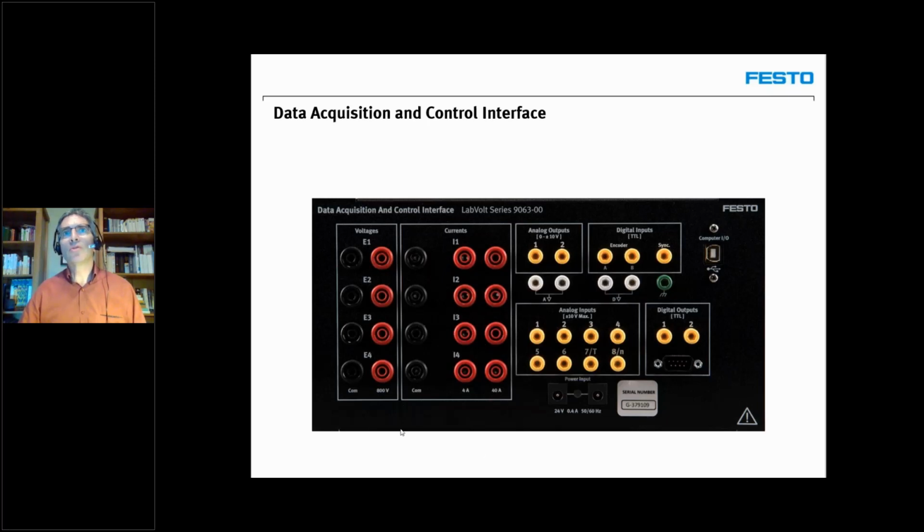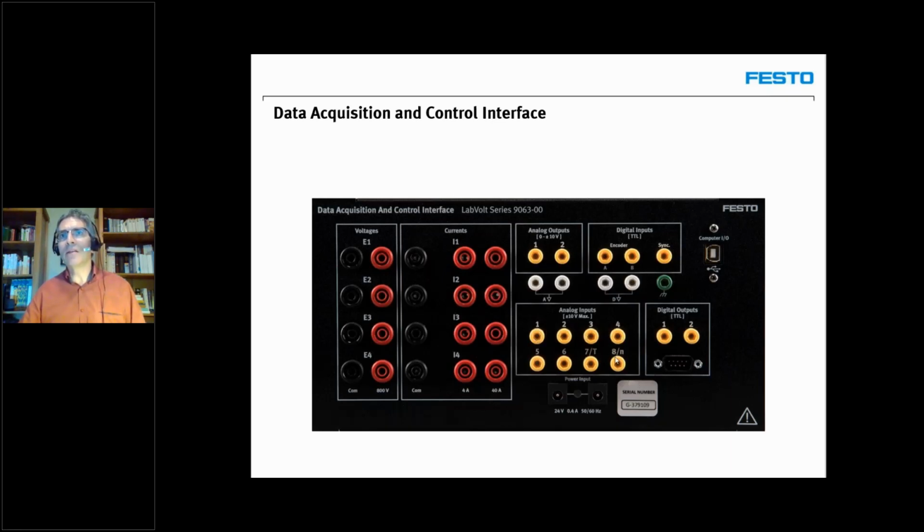So here is the module that you should be familiar with now if you have followed our previous webinars on LVSIM. This is our data acquisition and control interface module with the 4 voltage inputs, the 4 current inputs, high voltage, 800 volt, 40 amp current. These are our power inputs, and our low power inputs.